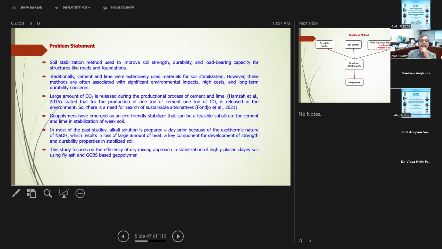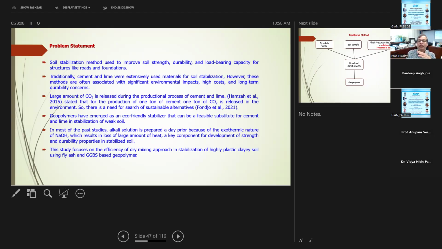I'm not going to talk about that in detail. So why use geopolymer? The idea is that we are not using conventional materials like cement or lime, whose production itself generates a lot of CO2. Geopolymer is eco-friendly.